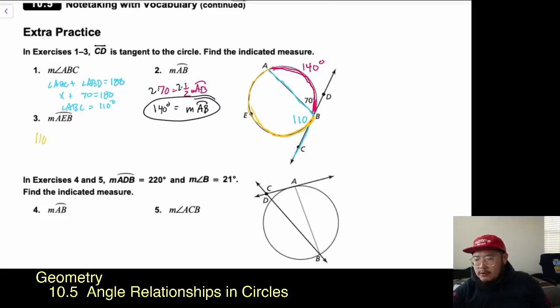So that's going to be equal to 1/2 the measure of arc AEB. So repeating pretty much what we did in number 2, multiply both sides by 2 right here, and the measure of arc AEB is equal to 220.